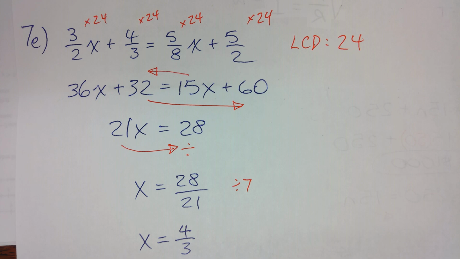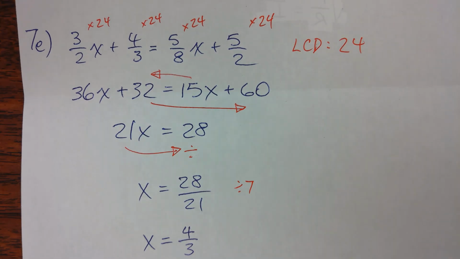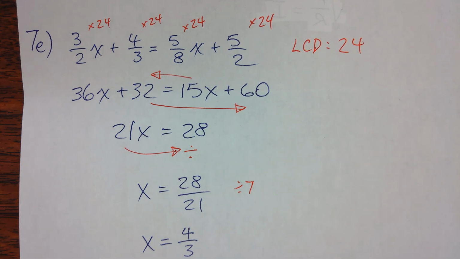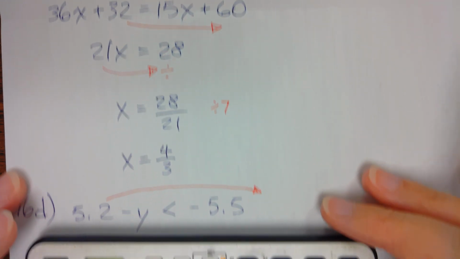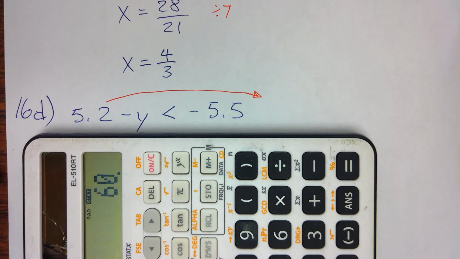Okay, and then the last one I want to go over is an inequality question. Let's say number 16D. 5.2 minus y is less than negative 5.5. What do I move away first?